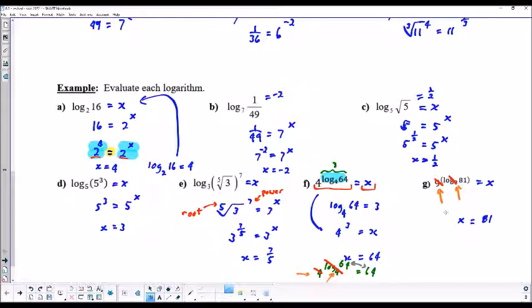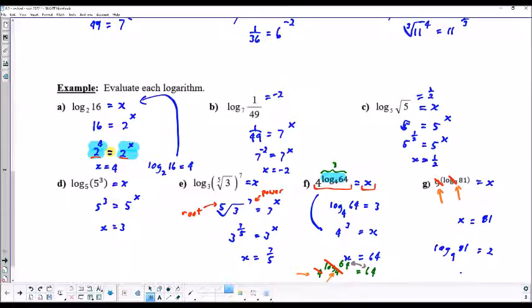If we examine the logarithm of 81 to the base 9, well, again, we say, what do we raise 9 to get 81? Well, the answer is 2. Therefore, this 2 will replace whatever's in brackets.